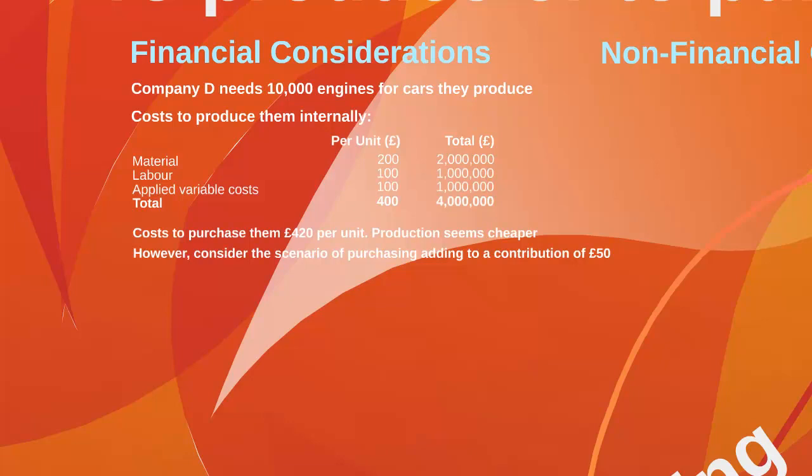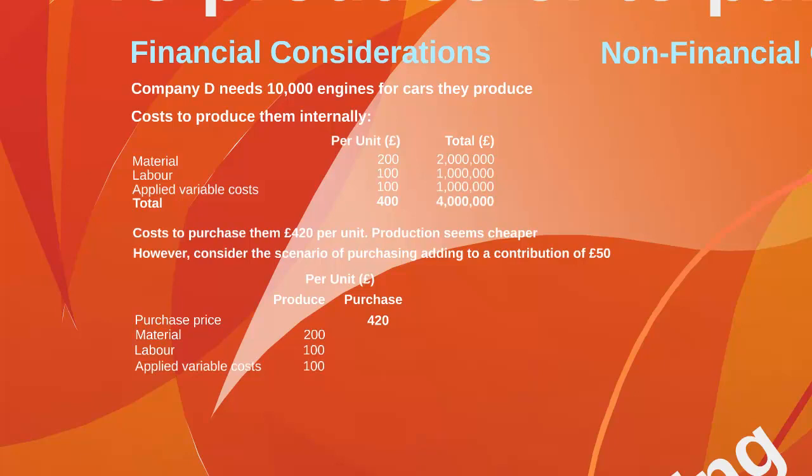Now, of course, we know that this is an opportunity cost, and opportunity costs are, you guessed it, relevant costs, and therefore need to be factored back into the equation. So now let's look at the per unit costs to both produce and to purchase when we factor the contribution in. So the purchase price is of course £420, but we know our material costs, our labour costs and applied variable costs come to £400.